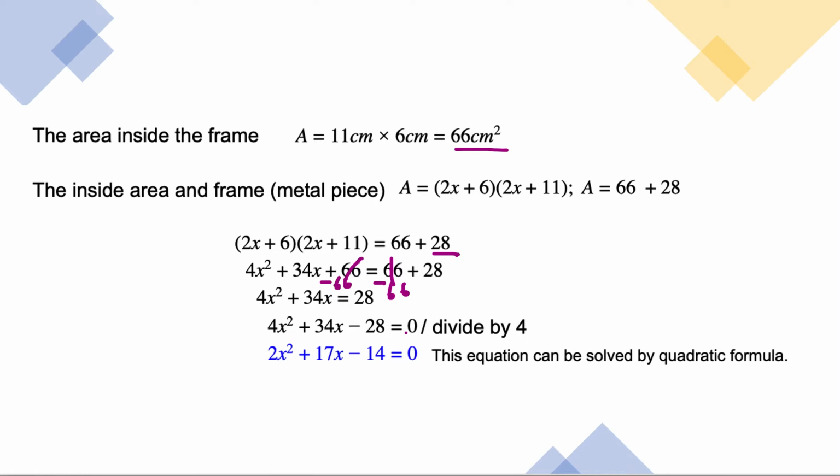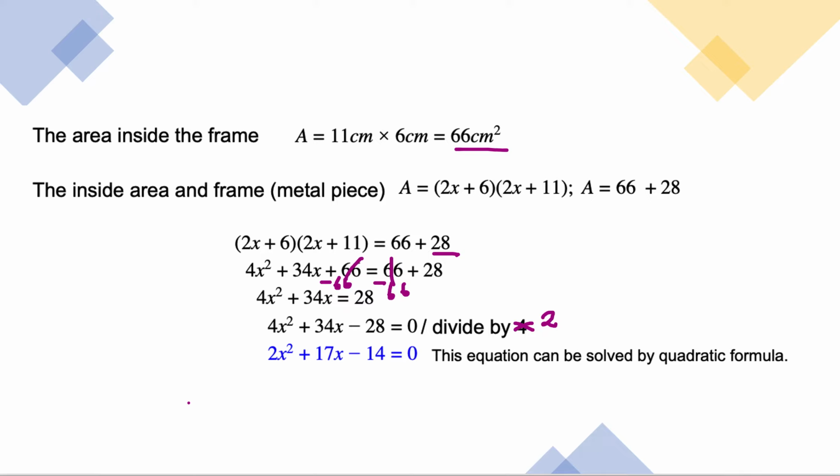Then we divide everything not by 4 but by 2, because if we divide by 4 then we don't have whole numbers. We divide everything by 2, and 4 divided by 2 is 2x squared, and 34 divided by 2 is 17x. Here is a minus, 28 divided by 2 we get 14, equal to 0. So this is a quadratic equation which we can solve using the quadratic formula.